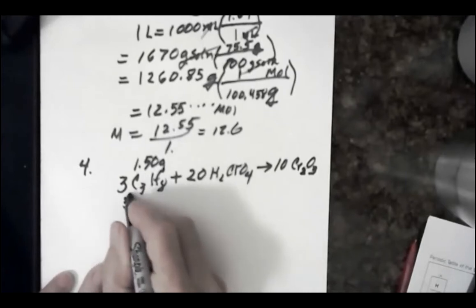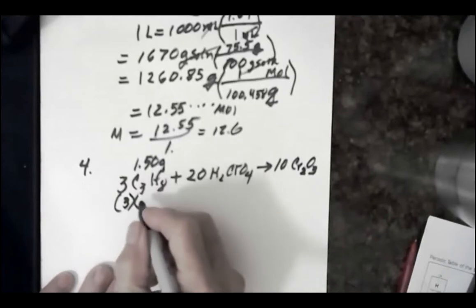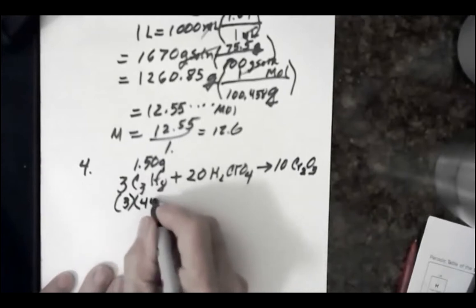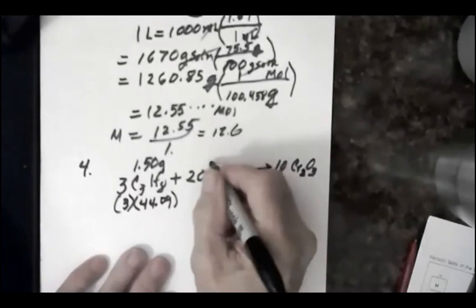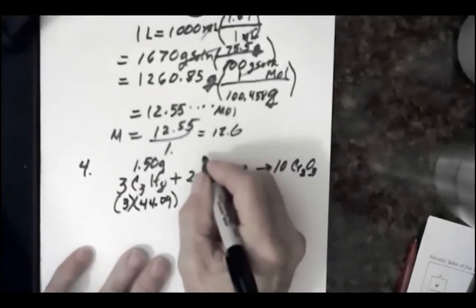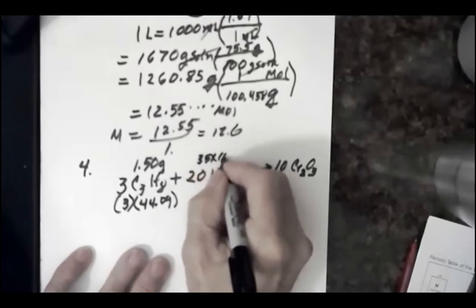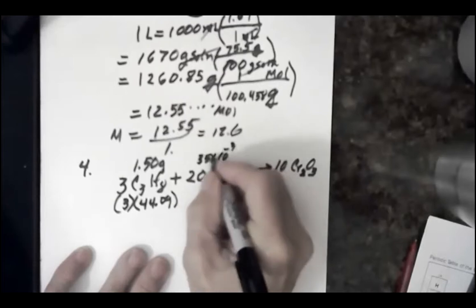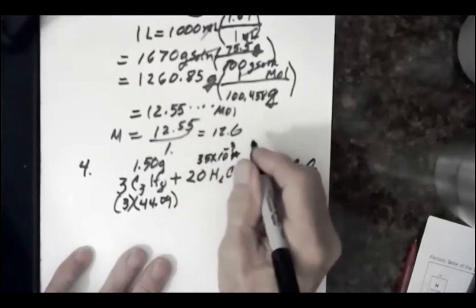So that's going to be 3 times the molar mass of the compound given in the problem, 44.09. Now, this solution was 35 milliliters of 6.26. So I'm going to write that as 35 times 10 to the minus 3, 35 milliliters multiplied by molarity.